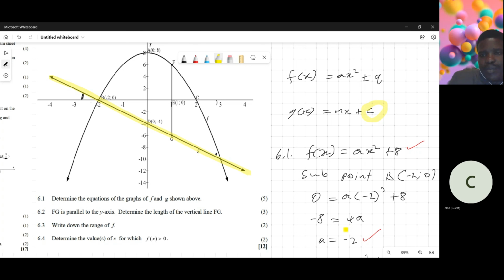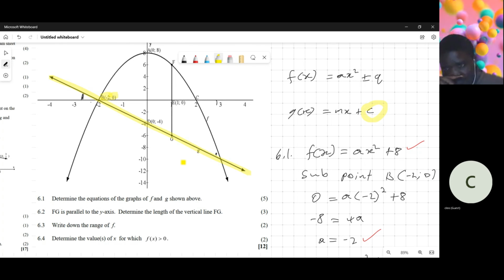So if we've got c being -4, we're going to use this coordinate again, since this point is on your g of x, your straight line graph, to solve for m. And we believe that m is going to be negative because this is a decreasing function.